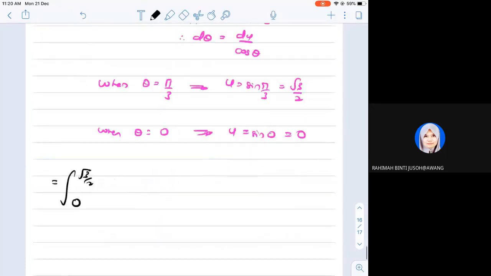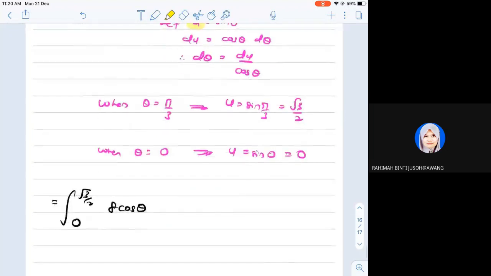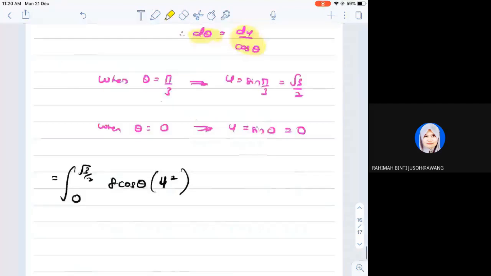So we have 8 cos theta, and sine squared becomes u squared. And d theta is du over cos theta.